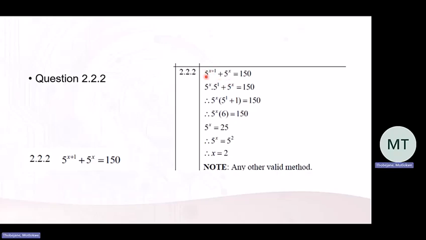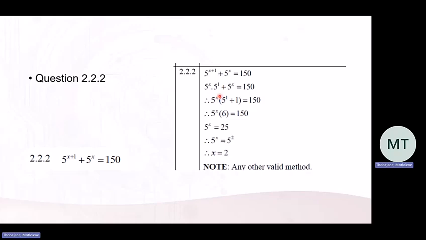5 to the power of x plus 1 plus 5 to the power of x is equal to 150. Our rule, right? 5 to the power of x times 5 to the power of 1, this 1 here, plus 5 to the power of x is equal to 150.